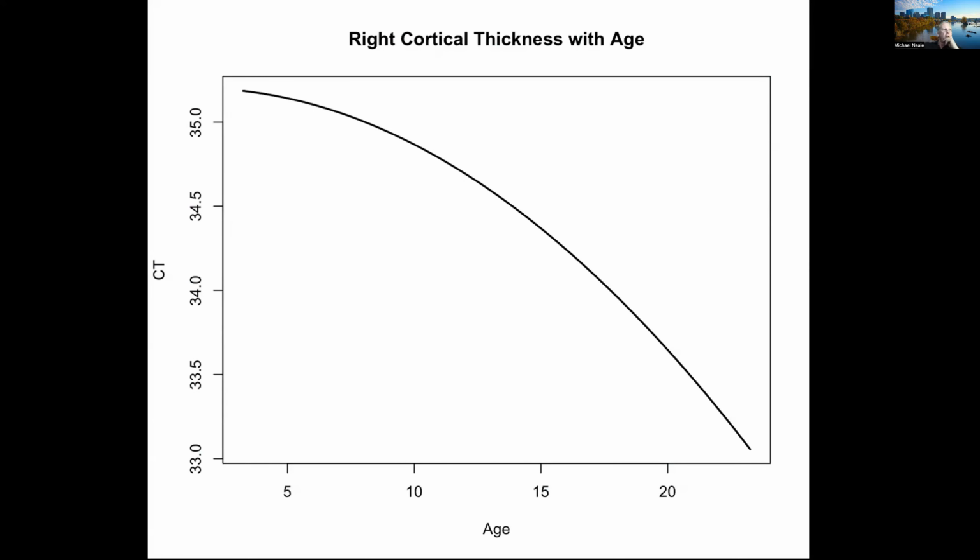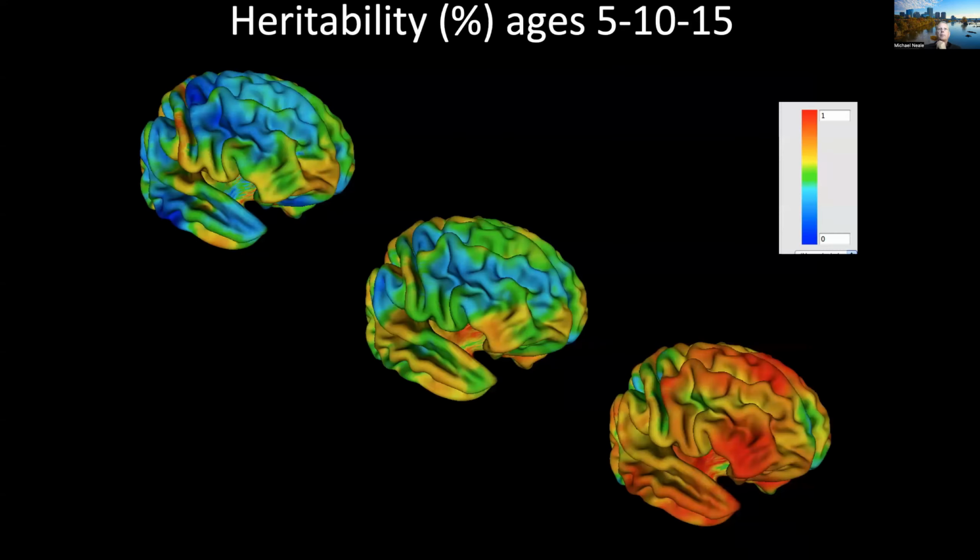So to take it to an empirical case, if we look at the mean thickness of the right cerebral cortex, this was in individuals aged roughly between 8 and 28, there's a notable decrease in mean cortical thickness with age. It goes down from about 35 to 33, so it's not a huge percentage, but it's kind of clearly declining.